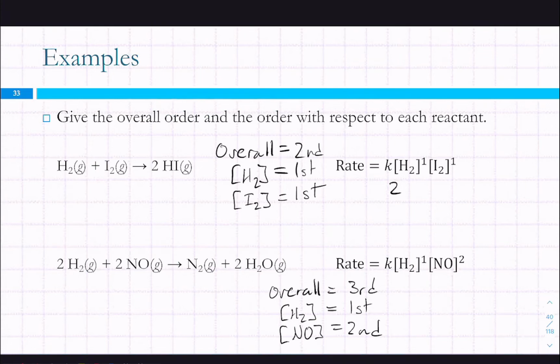So you can just read it straight off of the rate law. And notice too here that the rate order for hydrogen is first, even though there's a coefficient of 2 for hydrogen. It doesn't come from the reaction equation, unlike equilibrium expressions. That's the next chapter.